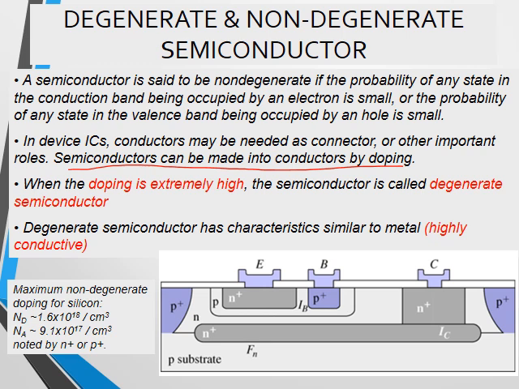By doping the semiconductor using an extremely high doping concentration, the semiconductor will have enough carrier concentration to have similar characteristics as metal. The semiconductor that has an extremely high doping concentration is called the degenerate semiconductor and denoted by the small plus sign. For example, in this figure, the N plus and P plus regions are degenerate semiconductor regions.